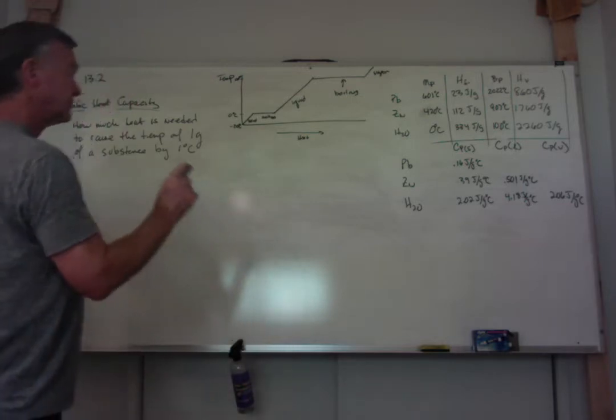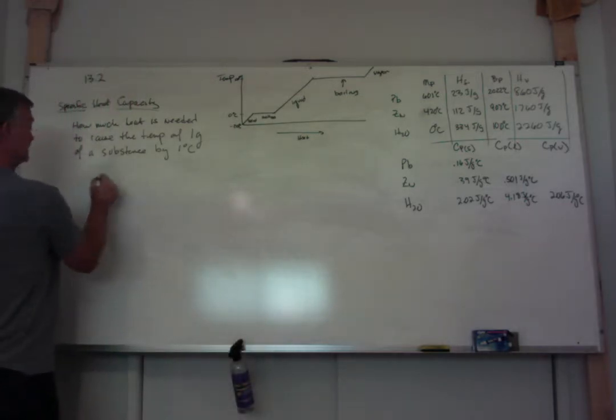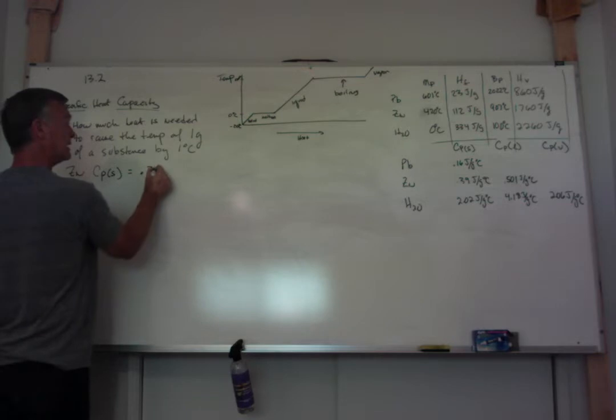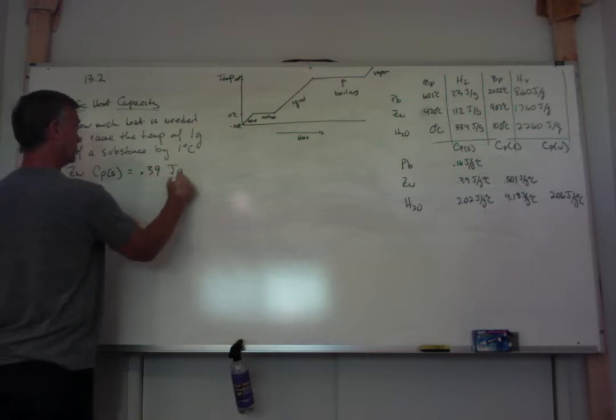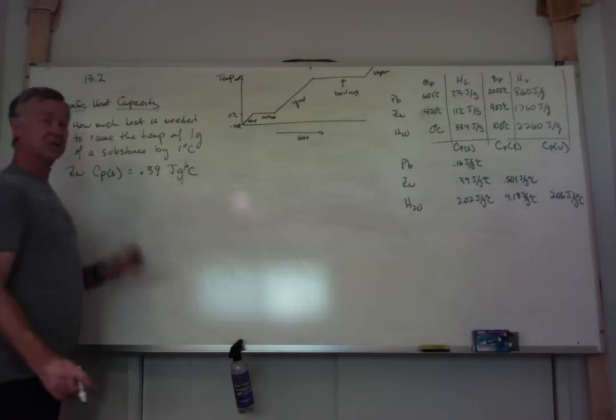So let's take zinc as a solid. The specific heat for zinc as a solid is 0.39 joules per gram degree Celsius, and that's on the bottom. It's joules over grams times degrees Celsius. Here's what that says.